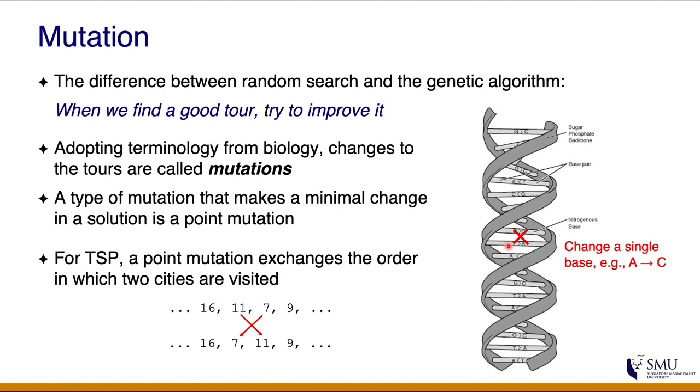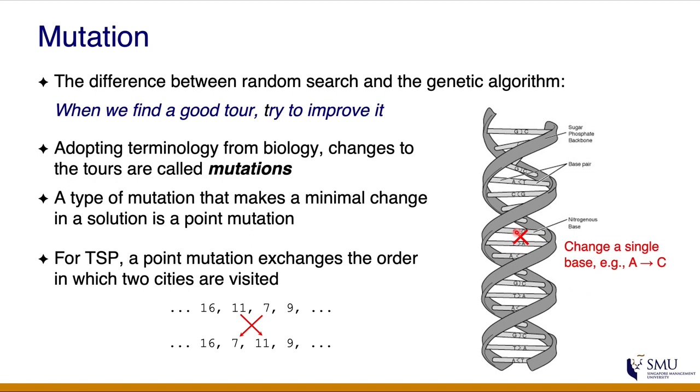The first biological mechanism that we will adopt is called mutation. The concept of mutation is very simple to imagine. On the right hand side here is one example. You have a DNA sequence. If you mutate a single element, a single base here, it basically means that one of the codes inside the DNA, maybe due to some external forces such as pollution, radiation, chemicals and so on, is being changed.